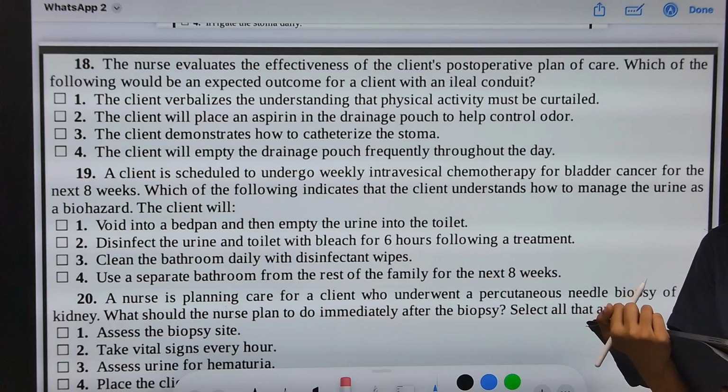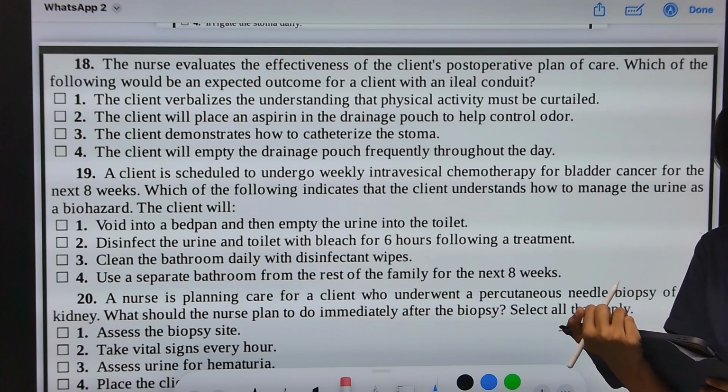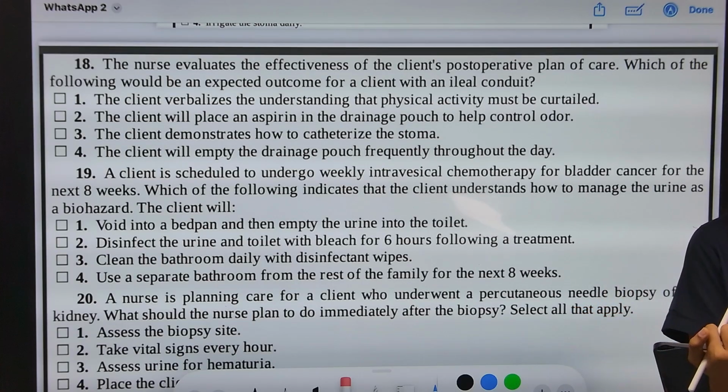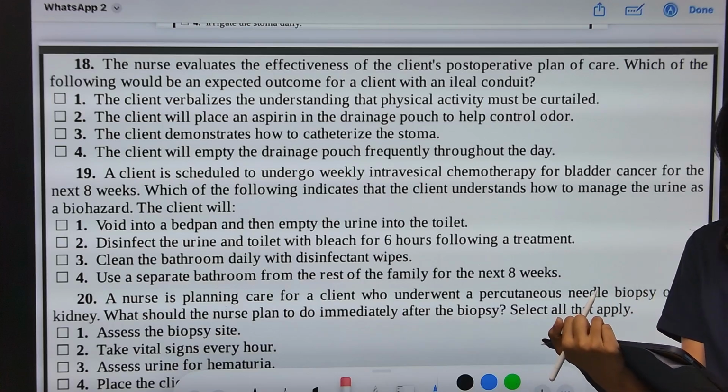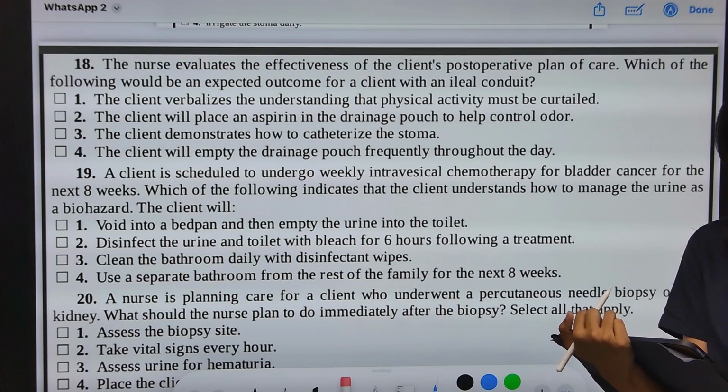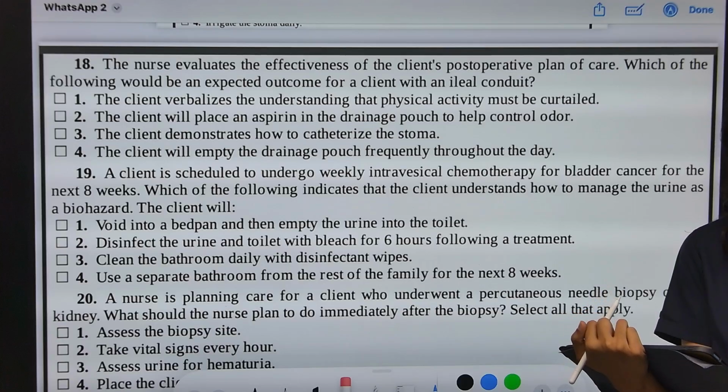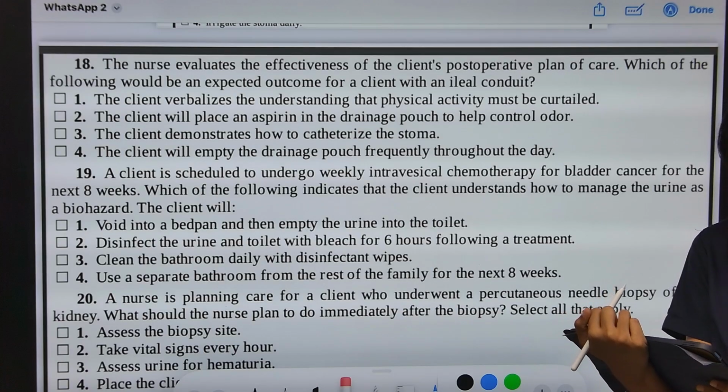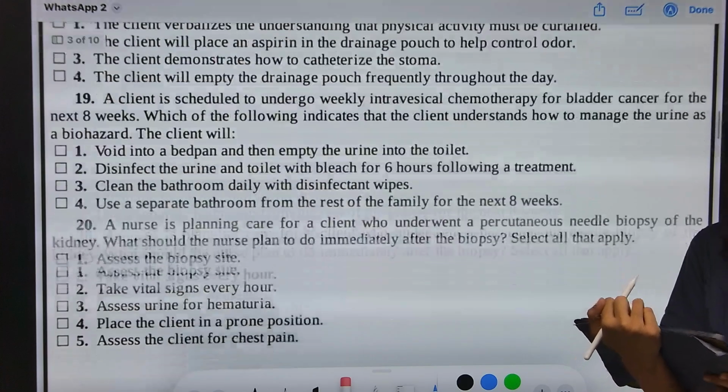The right answer will be 4. The client will empty the drainage pouch frequently throughout the day, and that is very important. Whenever the pouch is filled, we have to drain out the urine very frequently, and this is the major teaching we can give a client.